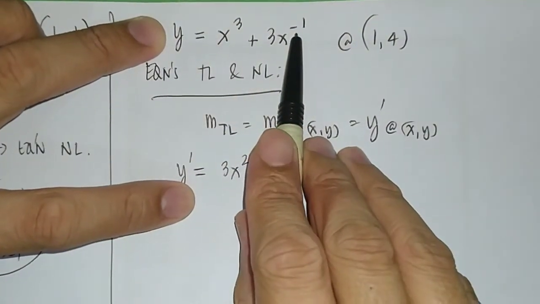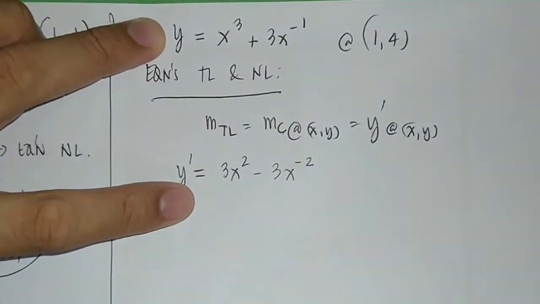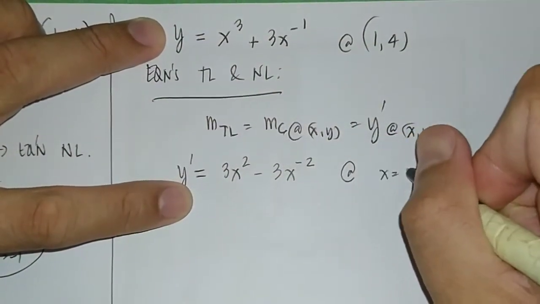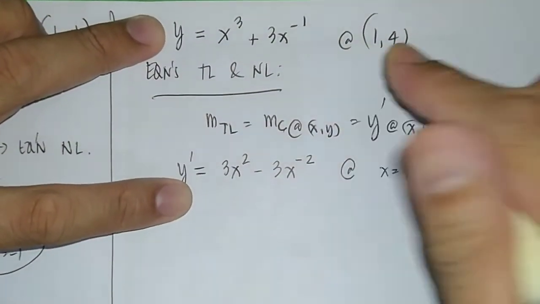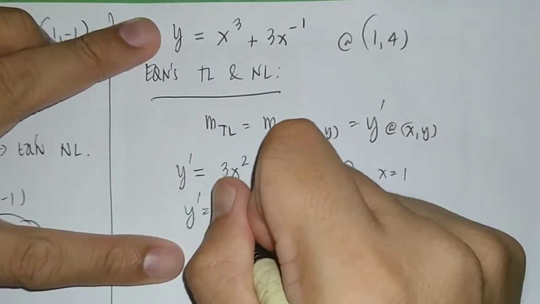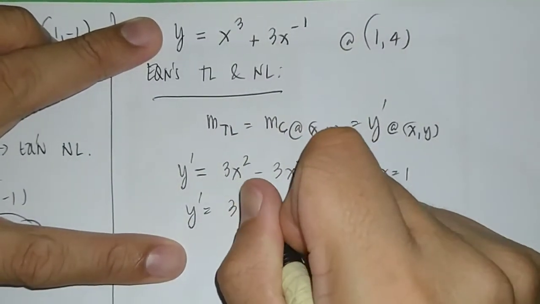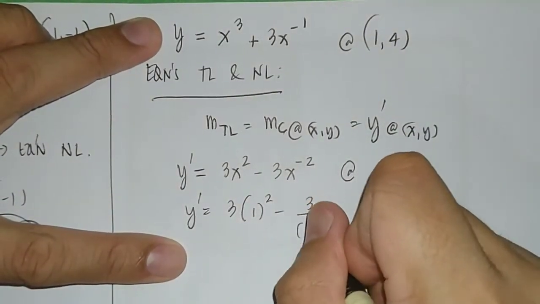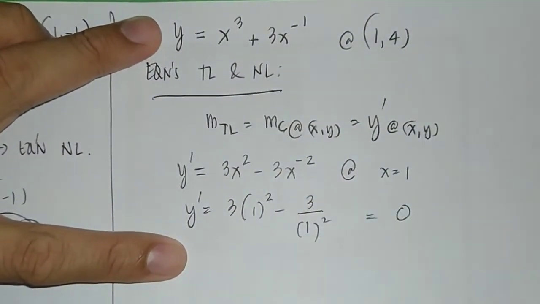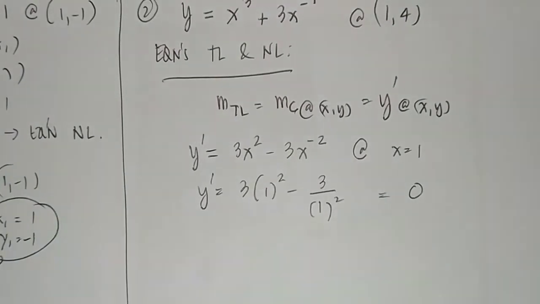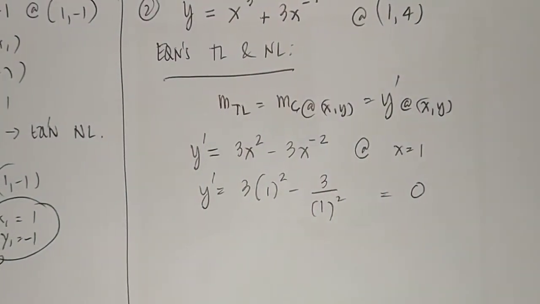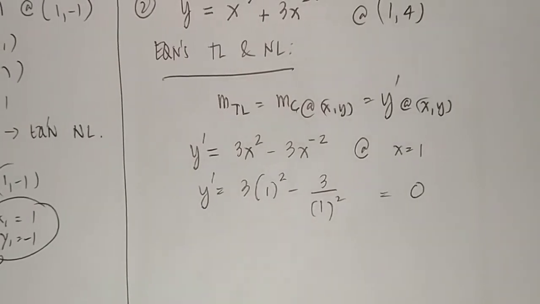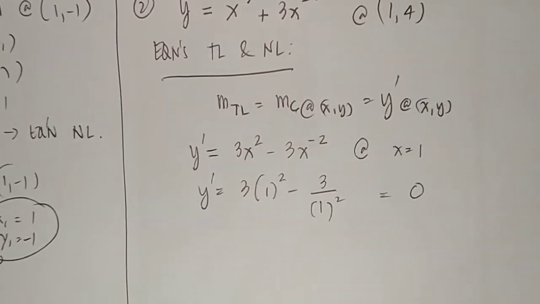So derivative of that is negative 3x raised to negative 2 at x is equal to 1. So substituting, your y prime here is 3 times 1 squared minus 3 over 1 raised to the second power. So your y prime is equal to 0. So therefore, it is just a horizontal line since the slope is 0.